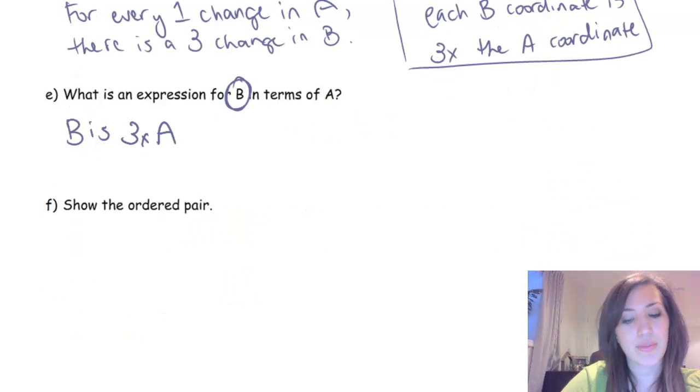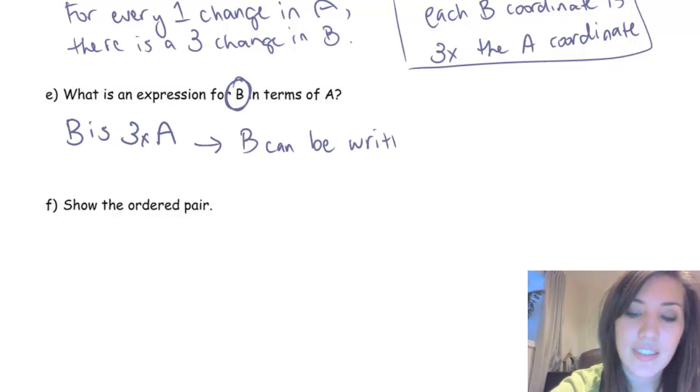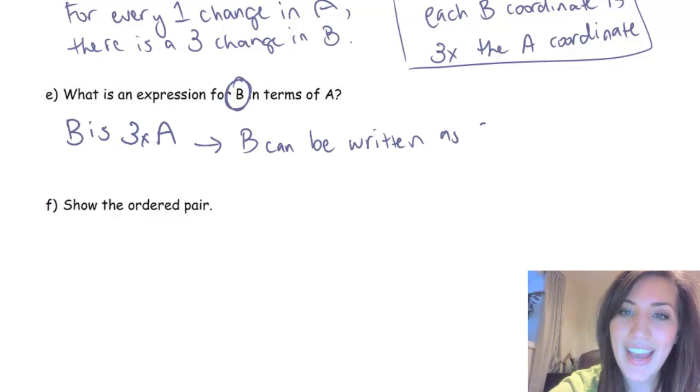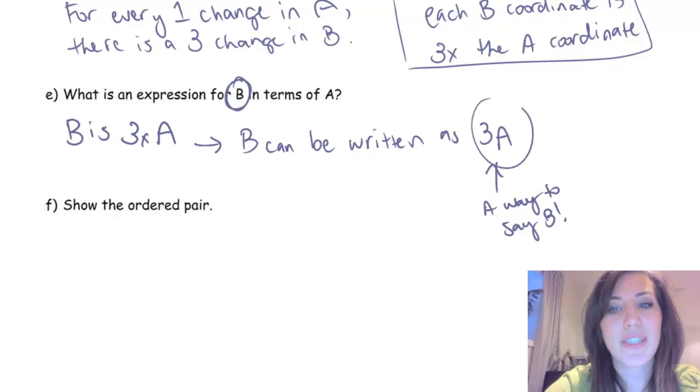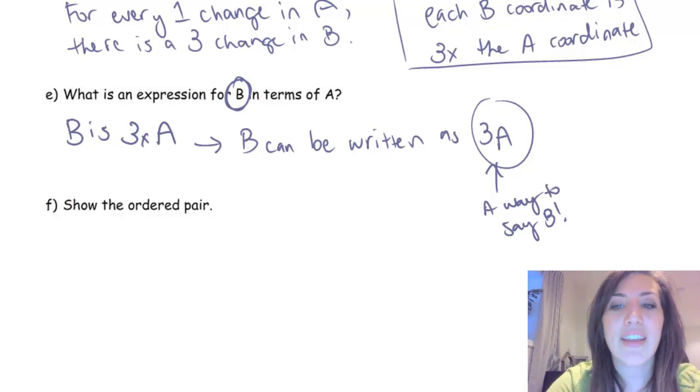So I know that B is 3 times the A, so B can be written as 3A. So this is a way to say the letter B, is just by saying 3A instead. So an expression for B in terms of A then would be 3A.